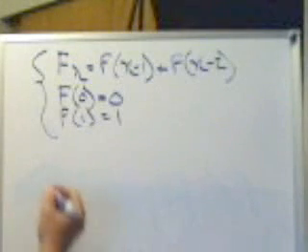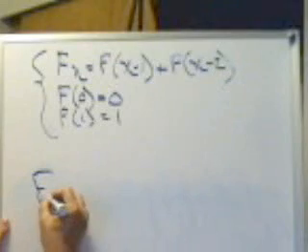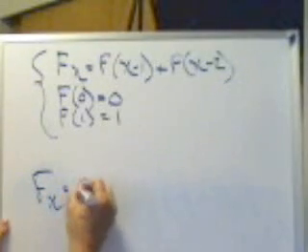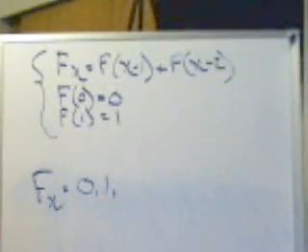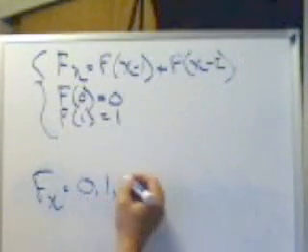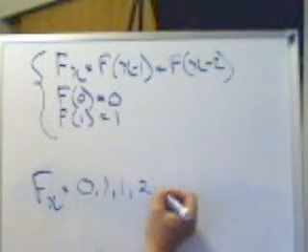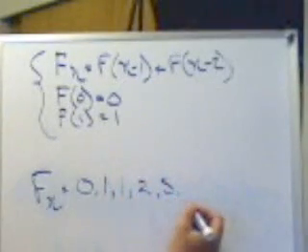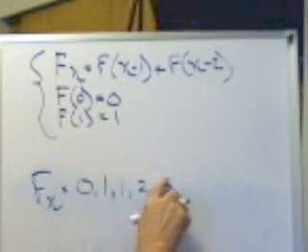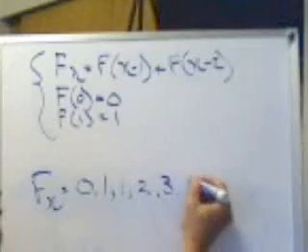Now, the Fibonacci sequence itself. First off, we had our 0, we had our 1, and then we added a 1. We just added them up. 0 plus 1 is 1. 1 plus 1 is 2. 1 plus 2 is 3. Excuse me. And then this is 5.